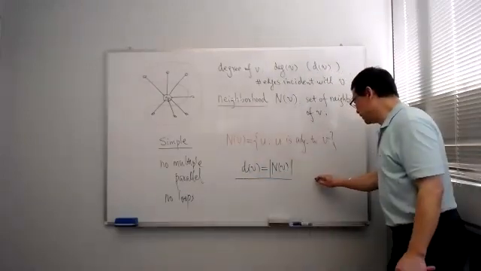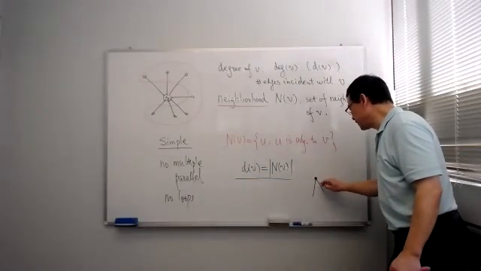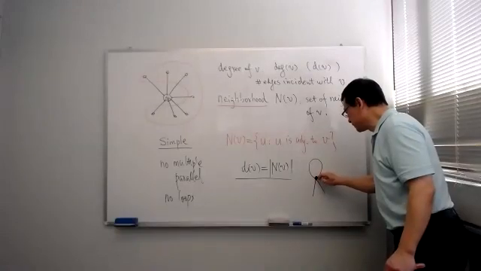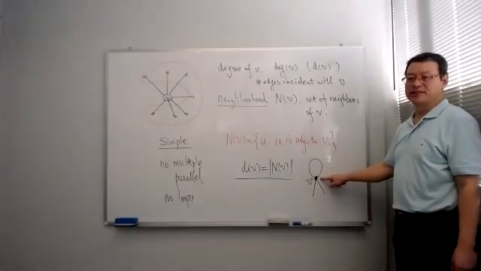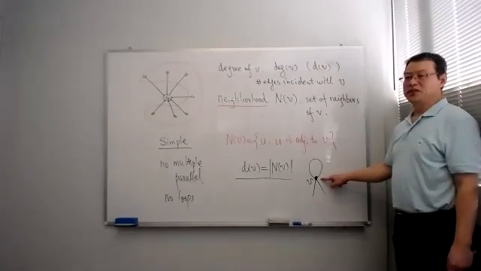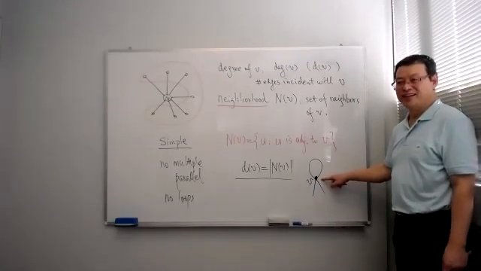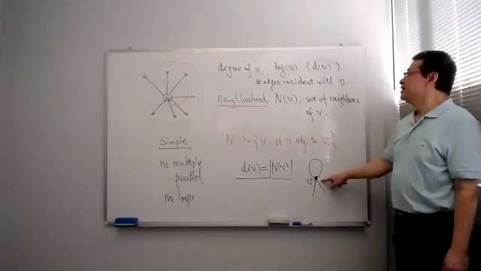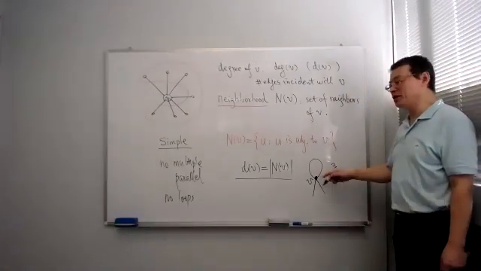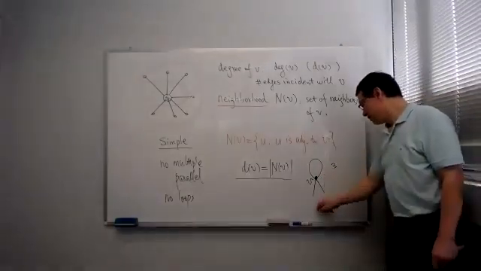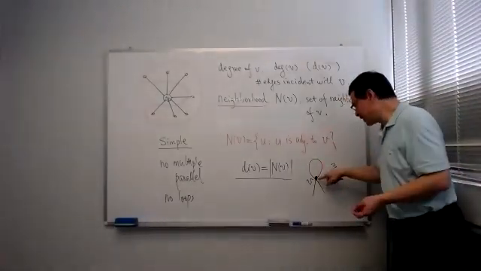If there are loops, we define degree differently. For example, look at this one. What's the degree of this vertex? Whether it is 3 or 4. All right. So if we use this one, it gives us 3. So actually, this one should be 4 because there are 4 lines connected with this one.